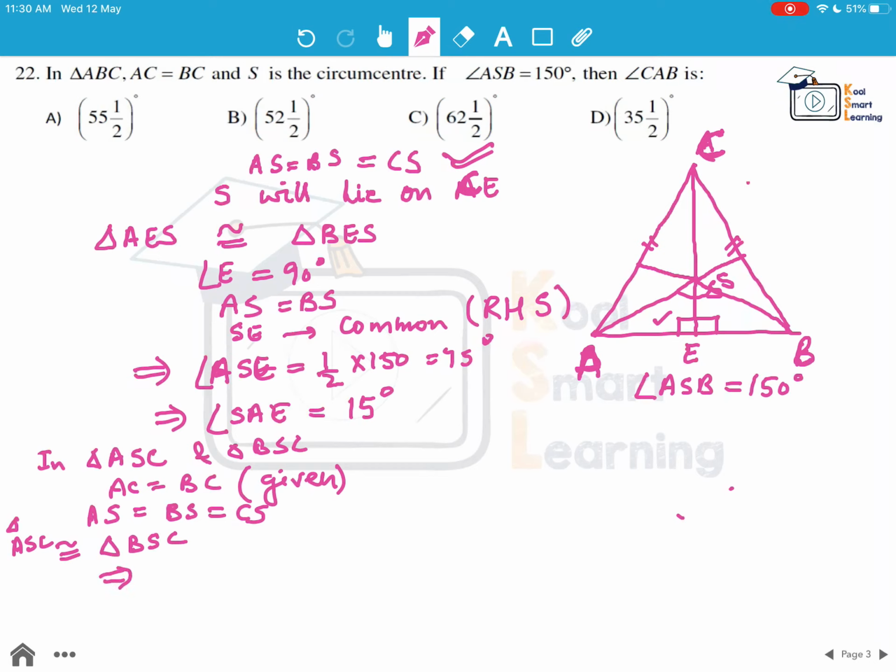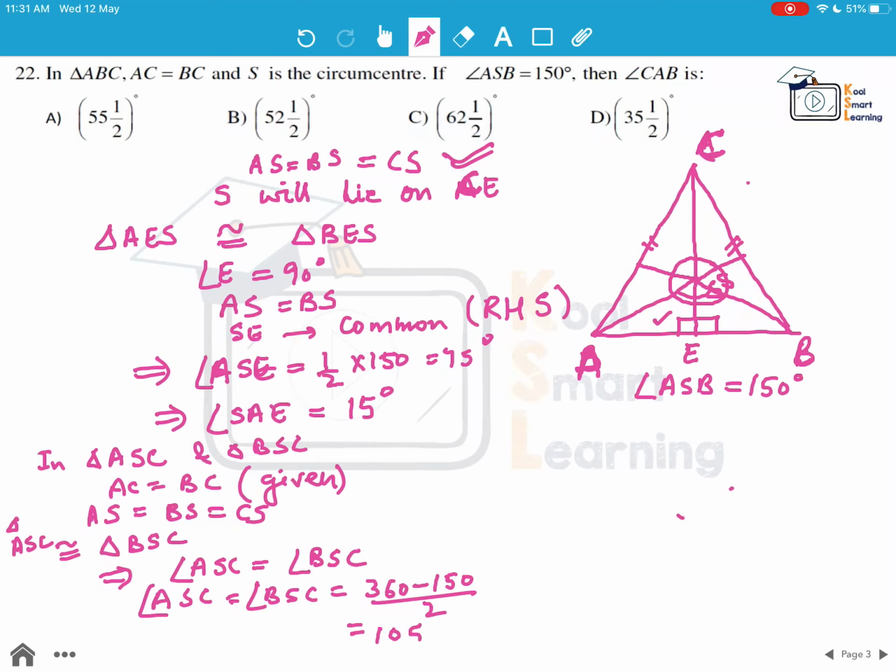Now this implies that angle ASC is equal to angle BSC, right? And if we look at this complete angle, this is 360 degree. So, and angle ASB is 150 degree. So we can say that angle ASC is equal to angle BSC is equal to 360 minus 150 by 2. So this comes out to be 105 degree, right? So angle ASC is 105 degree.